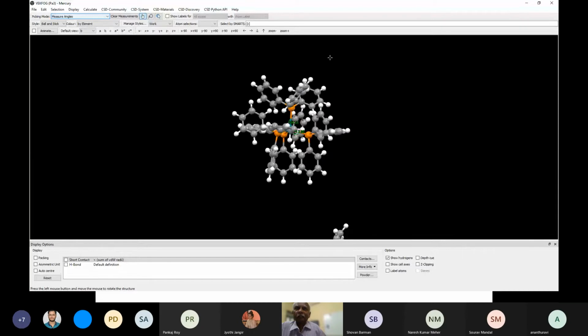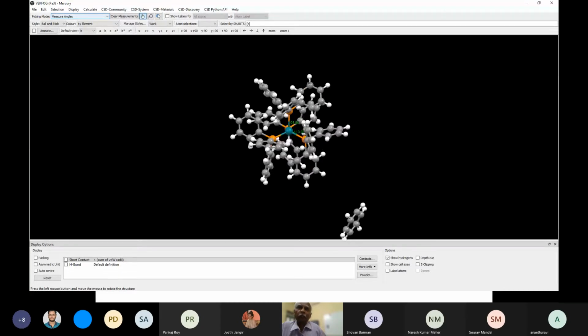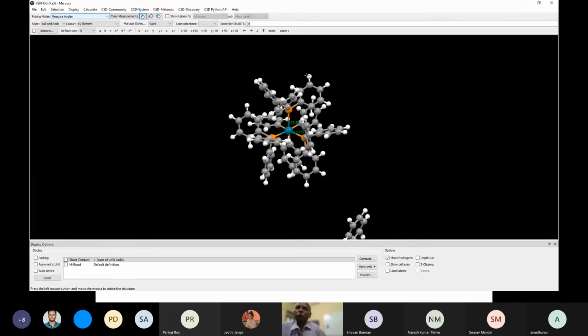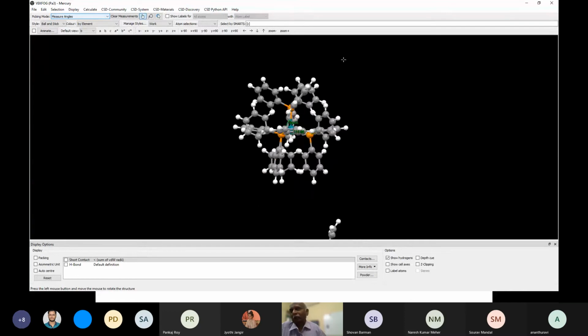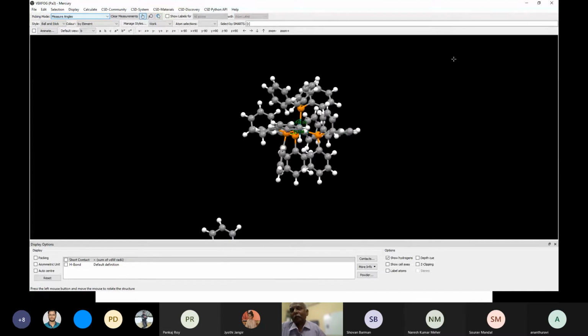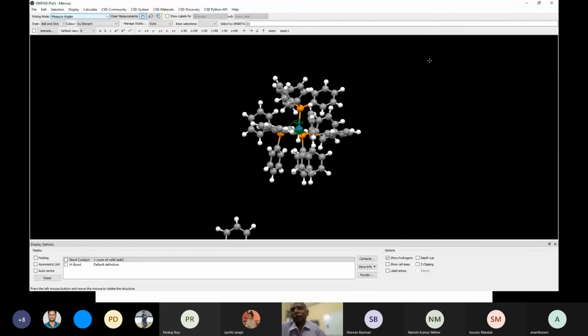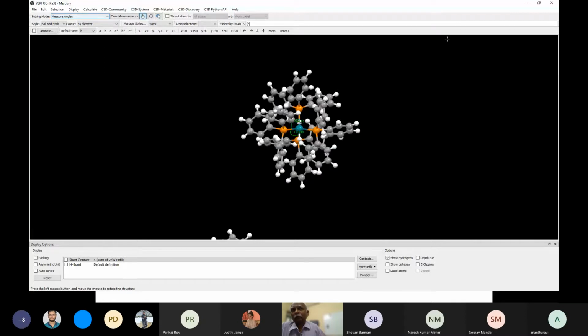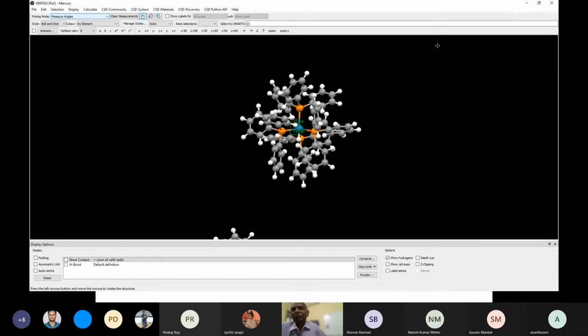The hydrogen is not occupying a full site on a polytope or a polyhedron around the rhodium. So you can see that the angles are 104 degrees and 105 degrees and 113 degrees.